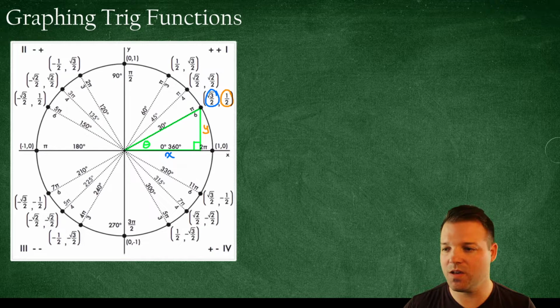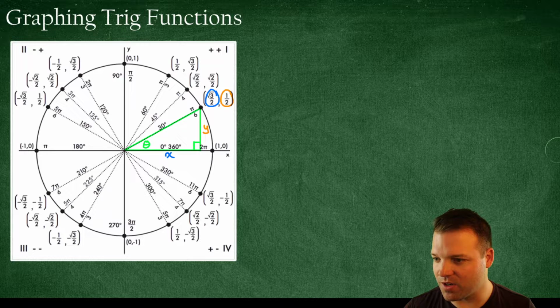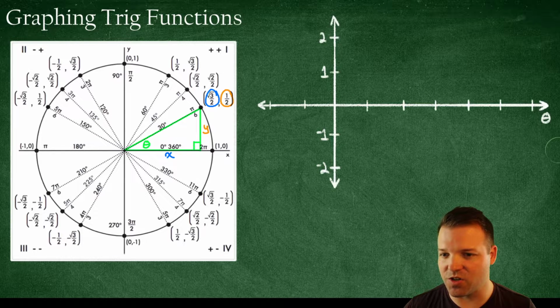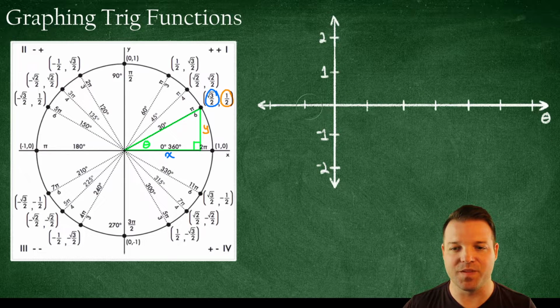So when we start graphing these on a Cartesian plane, or an XY coordinate plane, along the x-axis we're going to be plotting the angle as it goes around. We're going to start at the initial side of 0 right here, a theta value of 0.